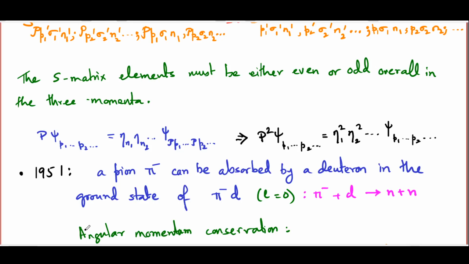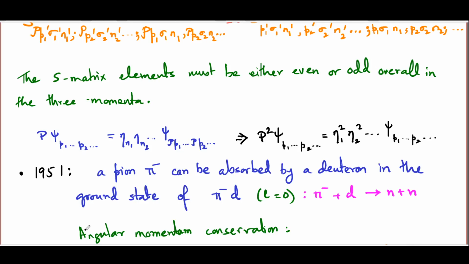So it was like a hydrogen atom but with different particles. The ground state of this atom was of course L equal to 0. And here the pion could fall into the nucleus, in this case the deuteron, and ultimately what would happen is two neutrons would come out.